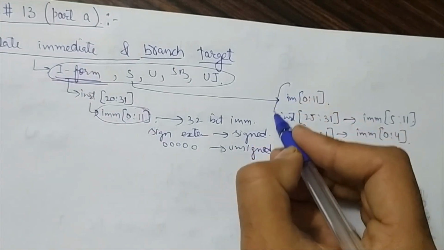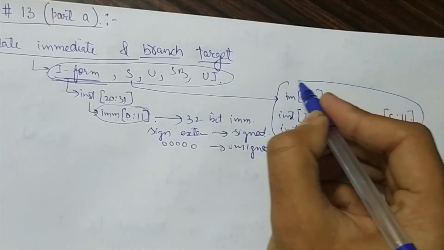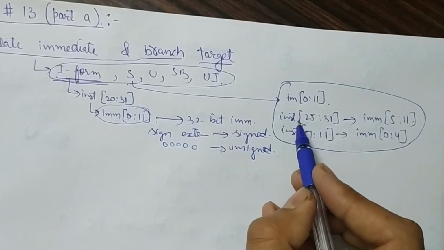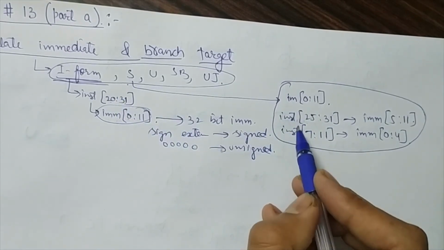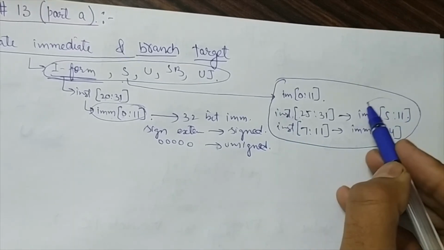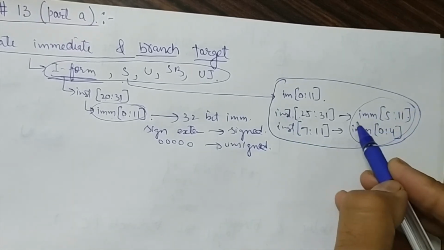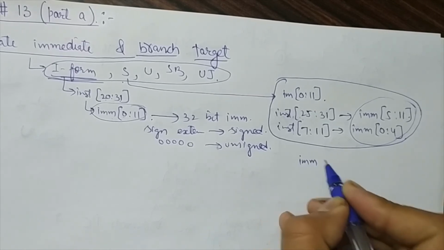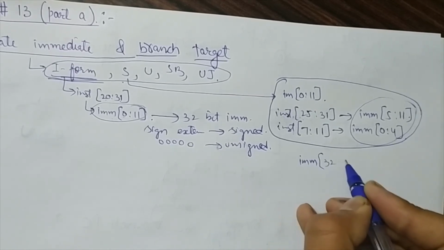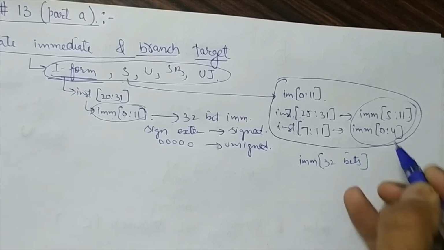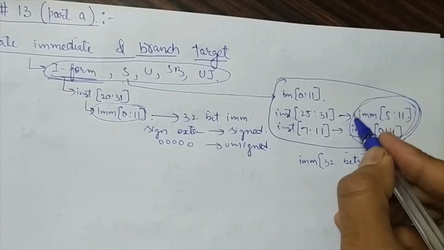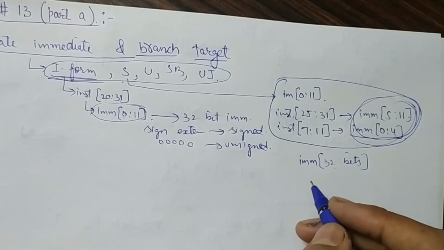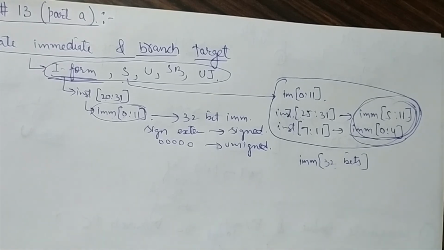So for forming the immediate in case of S format instruction, we have to get these two components from the instruction. From these two parts, we will then form a 32-bit immediate. The first 12 bits will come from these two components, and the remaining bits will be either sign extension or adding zeros.